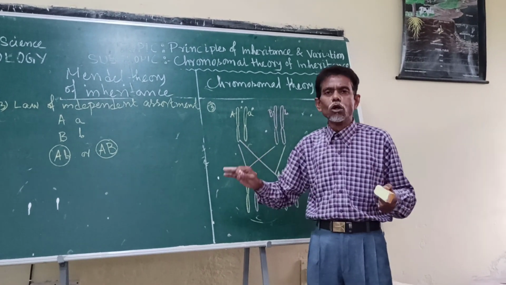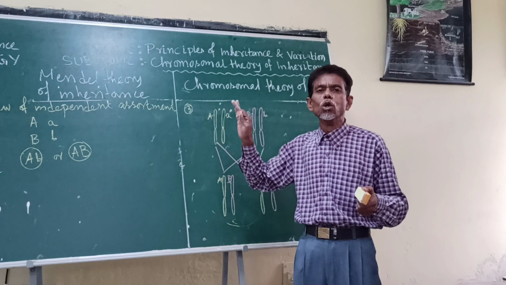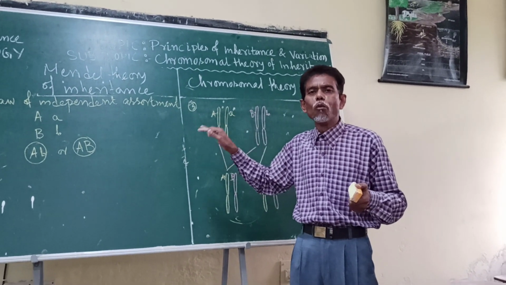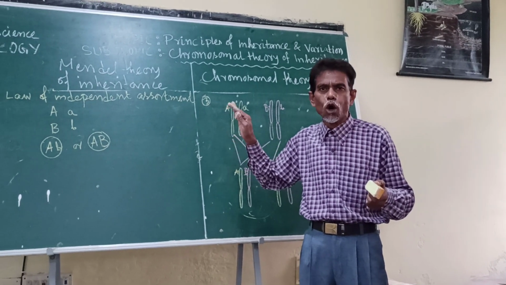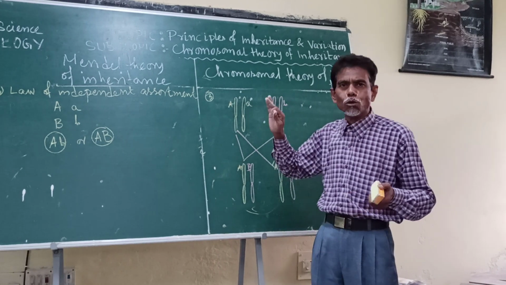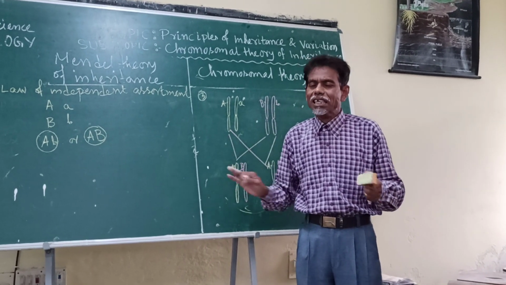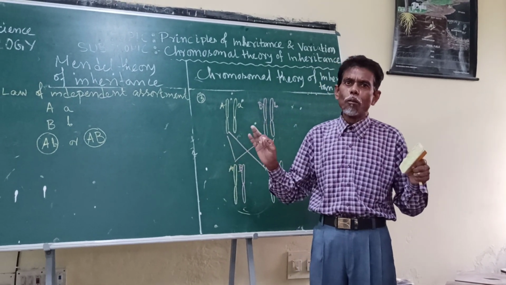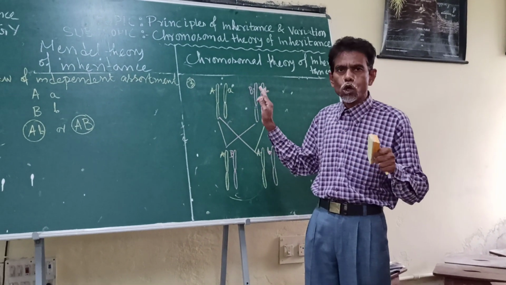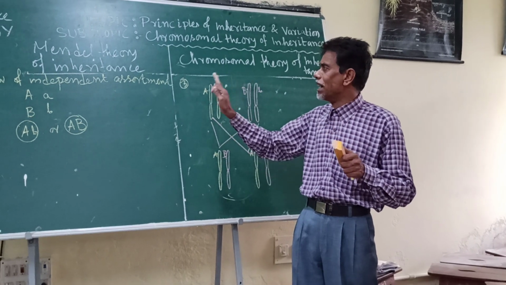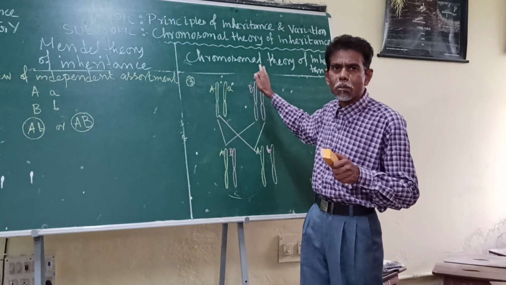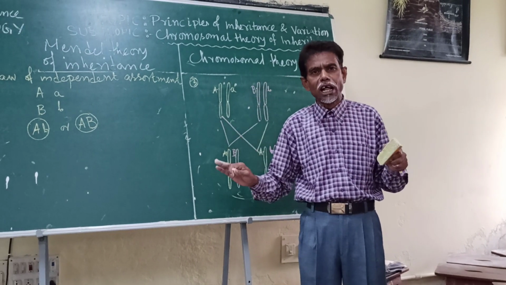This is what we call the chromosomal theory of inheritance, and it is a proof of Mendel's theory of inheritance, rediscovered and proved by the chromosomal theory. Is that very clear to you? I hope I could give you a clear concept of the chromosomal theory of inheritance by comparing Mendel's law of inheritance with the chromosomal theory given by Sutton and Boveri.